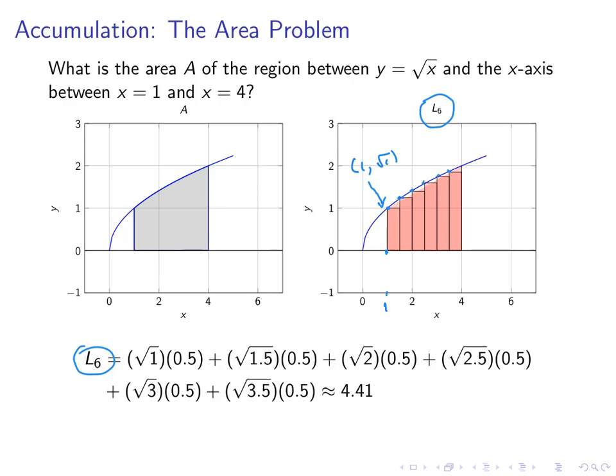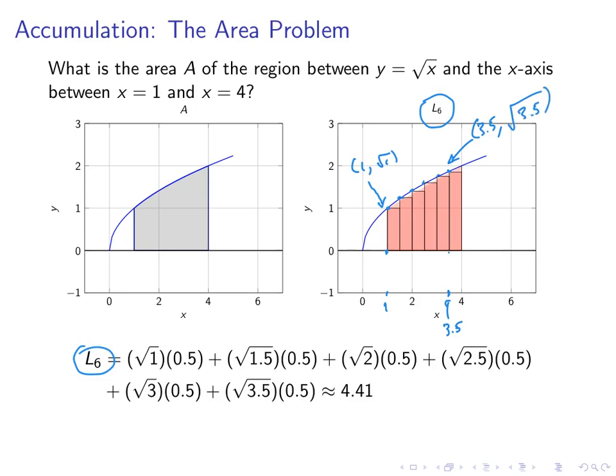So I'm going to jump to the last point. The last point has coordinates, well, I need to know the x-coordinate. The x-coordinate is here, and remember, all my widths are 1/2, so the x-coordinate here is 3.5, and the y-coordinate, again, because that point is on the blue curve, is just the square root of 3.5.